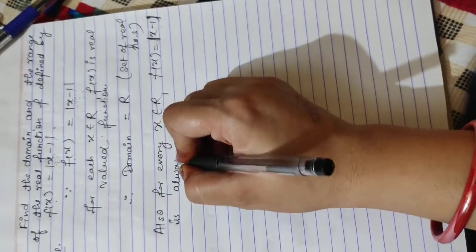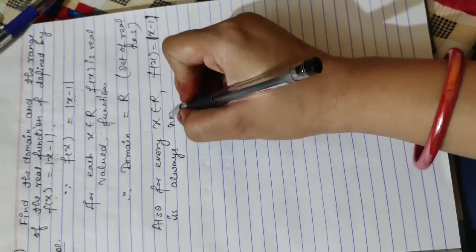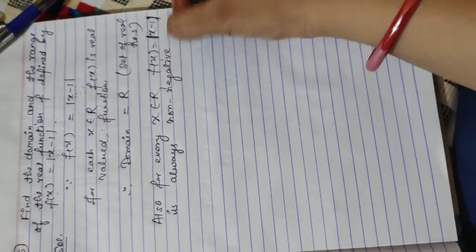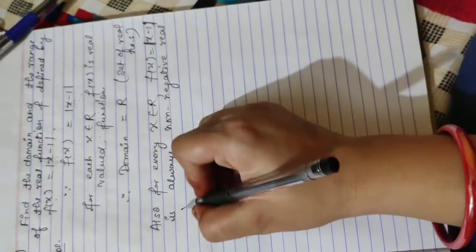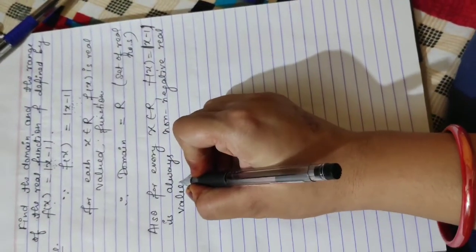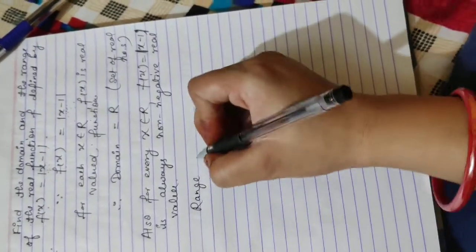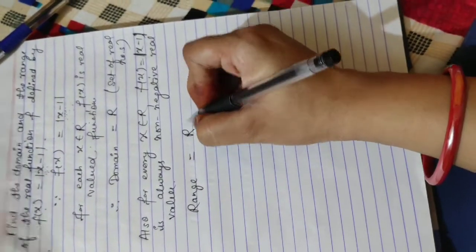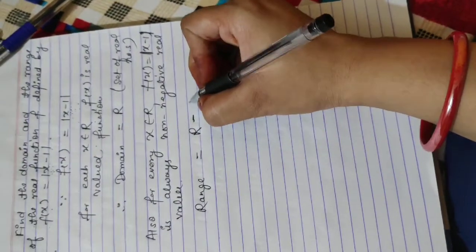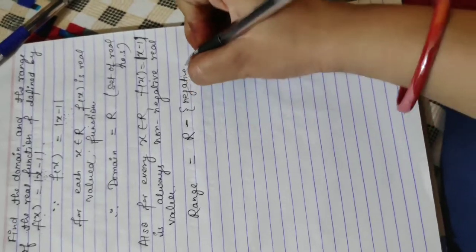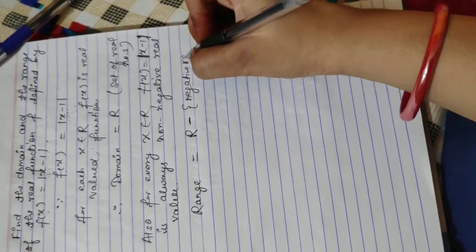always a non-negative real value. Okay, so how can you write the range for this? So the range we can write as real numbers minus negative real numbers.